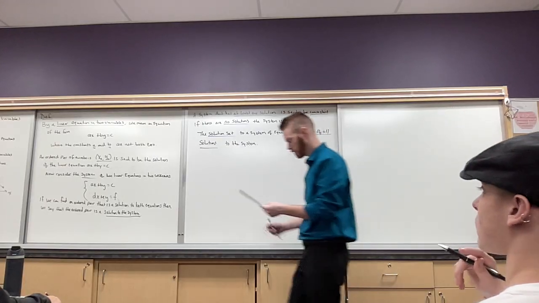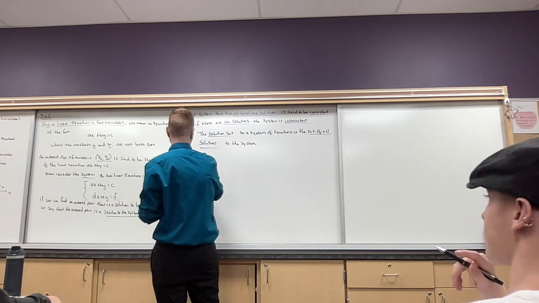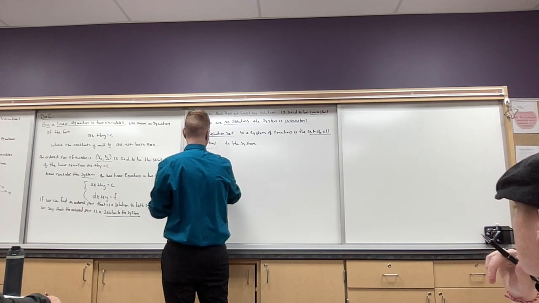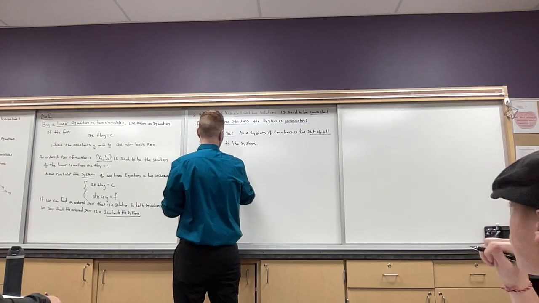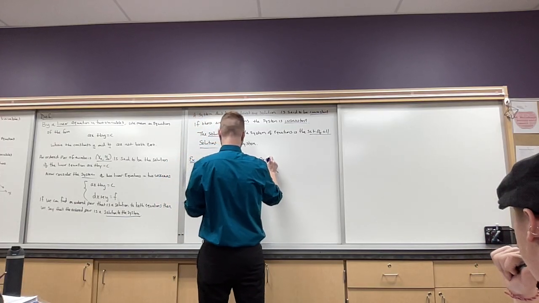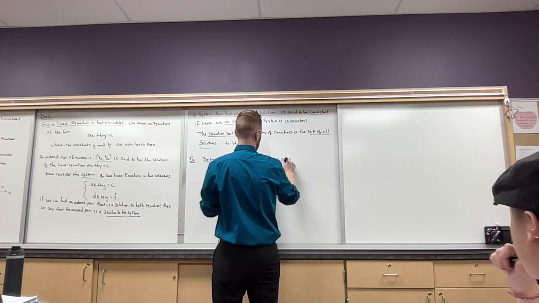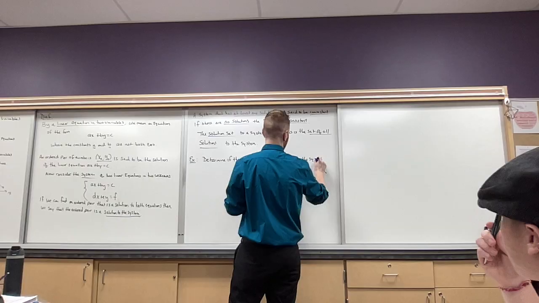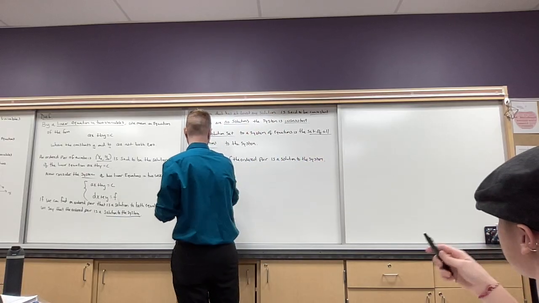All right, let's just jump into it now. Let's say I give you this system, and I tell you to determine if the ordered pair is a solution to the system. And here it is.